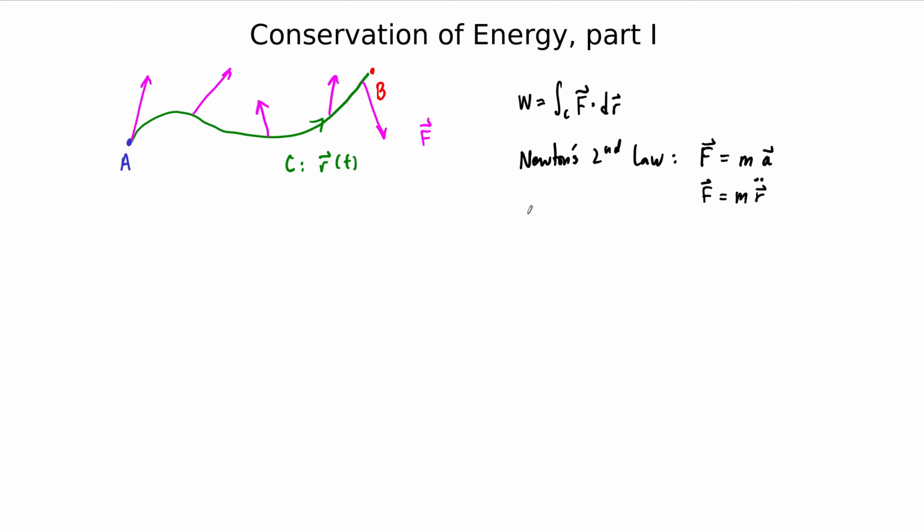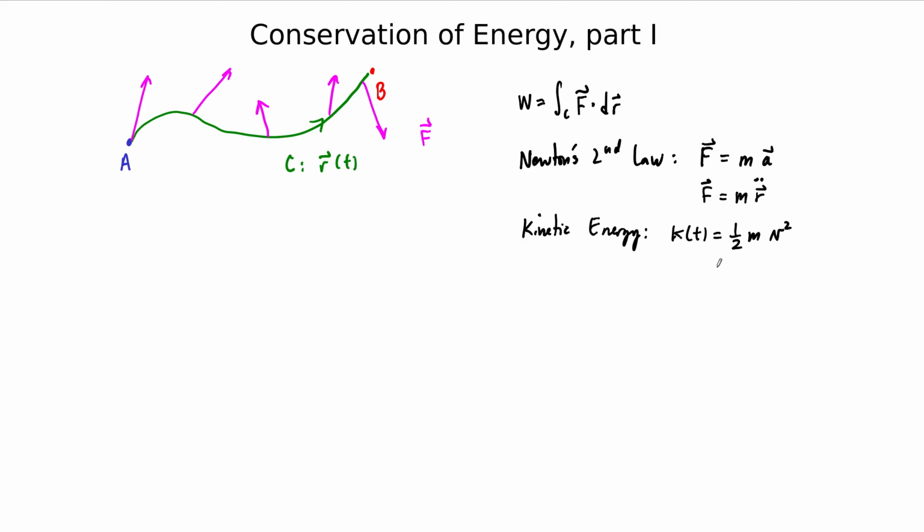The other fact from physics that we're going to use is that the kinetic energy of a particle is given by this function k, which is a function of time. So kinetic energy is changing as the particle moves along this path. Kinetic energy is given by 1/2 mv squared. Now this v is actually not velocity. This v represents speed.